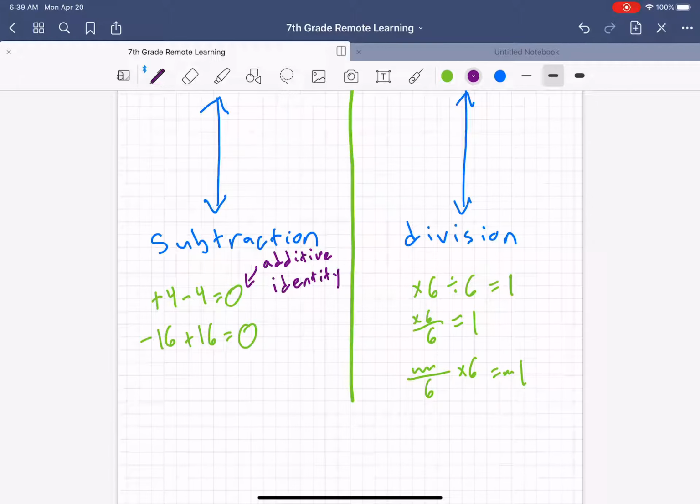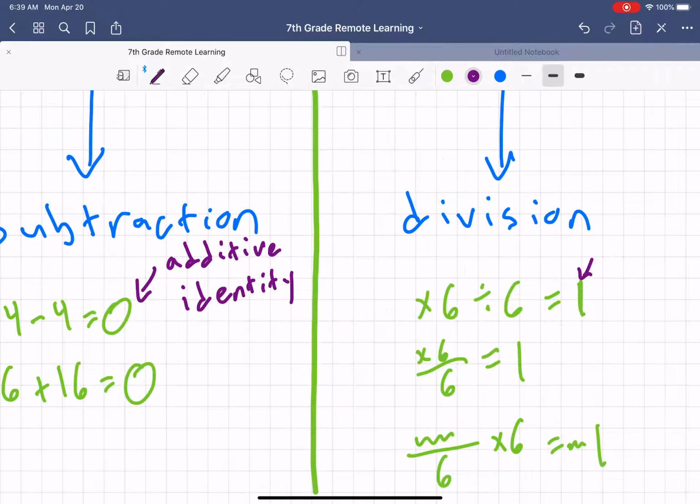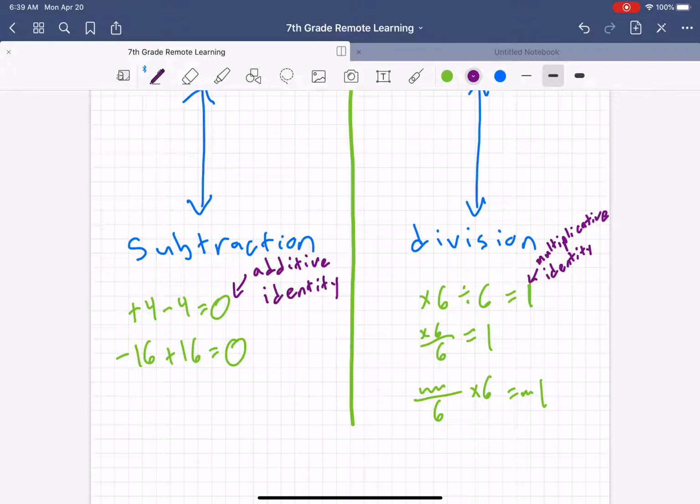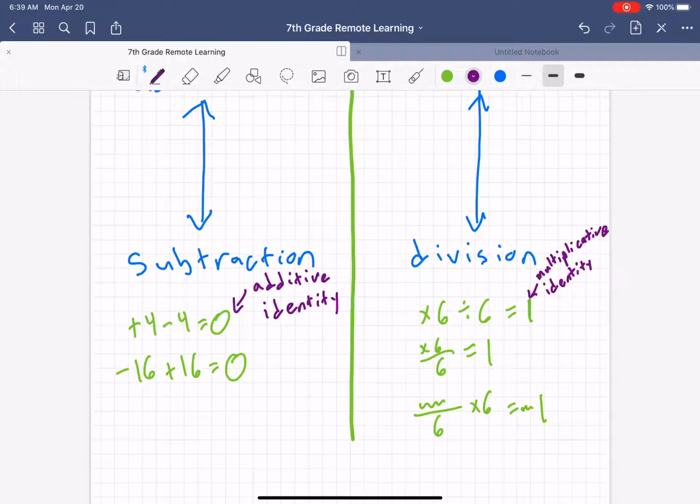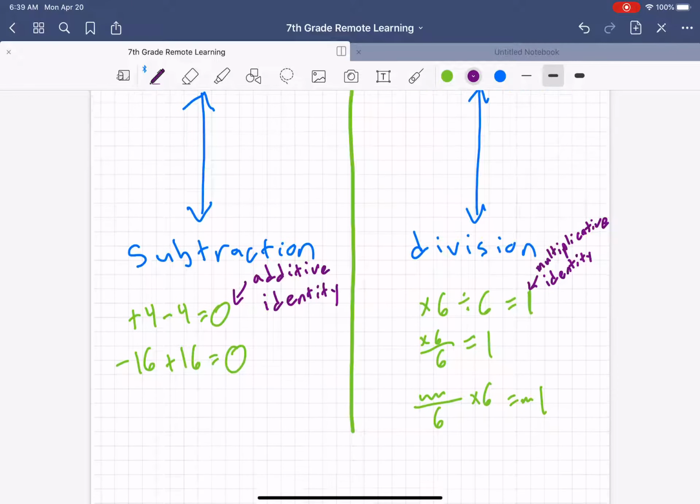And when you use multiplication and division to undo each other, you get what's called the multiplicative identity. The multiplicative identity means when you multiply anything by 1, you get itself. It does not change, okay? So adding and subtracting undo each other to get 0, and multiplying and dividing undo each other to get 1.